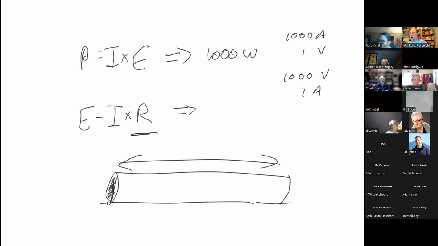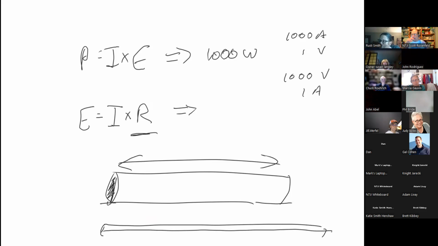So, how do you make wire have a low resistance? You make it short and you make it fat. The more cross-sectional area it has, the more current it can handle, and the shorter it is, the less resistance it has. If you were to take this wire and stretch it out really thin and make it really long, the resistance goes up, okay?